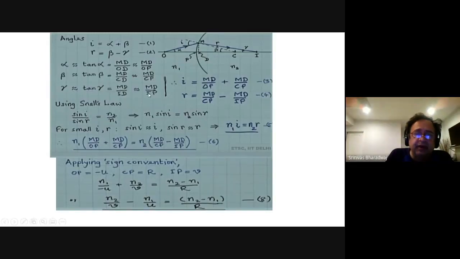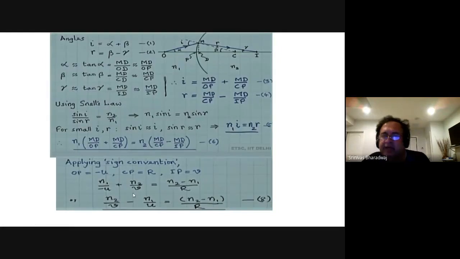Then n1 by u, OP equals minus u, CP equals R, IP equals v. He plugs that into this equation and ends up with n2 by v minus n1 by u equals n2 minus n1 by R.